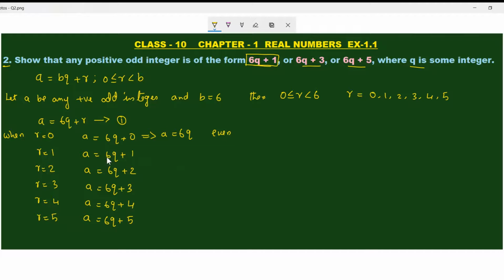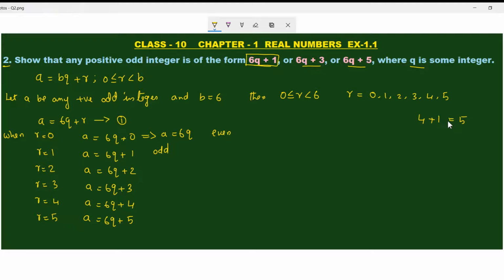Now we'll go to the second equation. Here A is equal to 6q plus 1. Already we know 6q is an even number. Now we are going to add 1 to this number. Then what is our A? Odd. How? We know if an even number is added to an odd number, then we will get an odd number only. For example, take even number 4 and odd number 1.